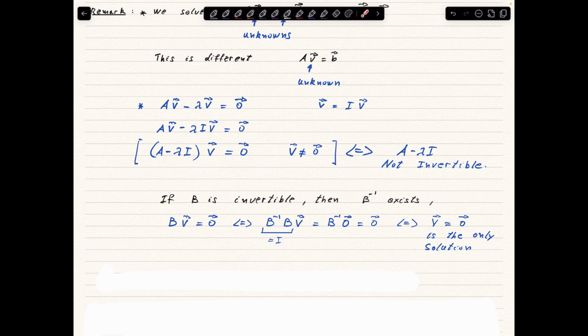So if we say that we are looking for lambda such that this equation has non-zero solutions, then we are looking for lambda such that this matrix is not invertible. So in this problem, this is matrix B here.